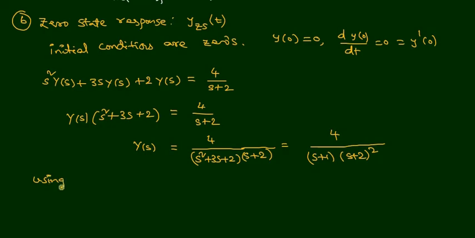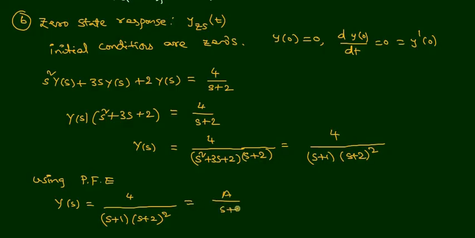Using partial fraction expansion, Y(s) = 4/((s+1)(s+2)²) = A/(s+1) + B/(s+2) + C/(s+2)².